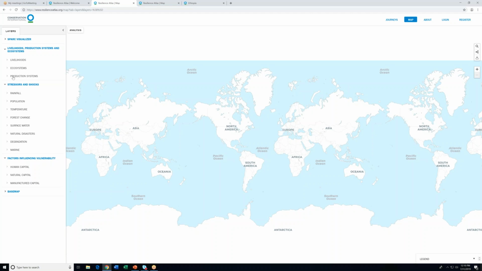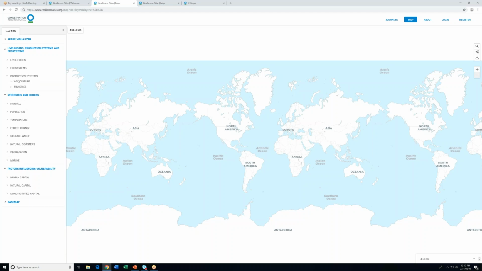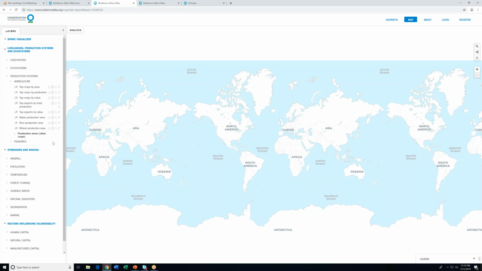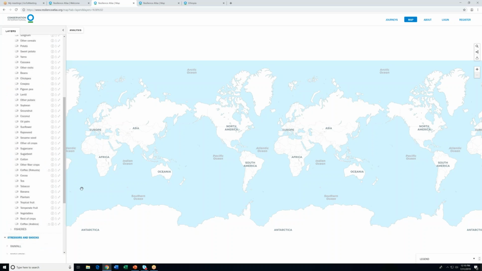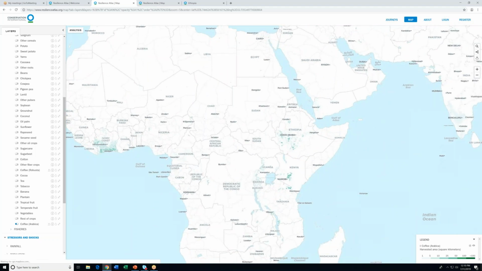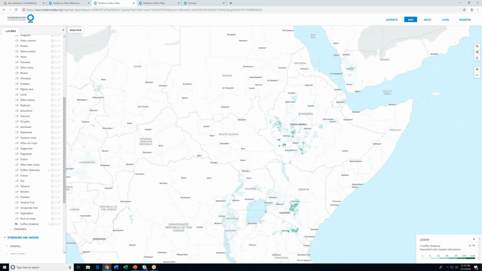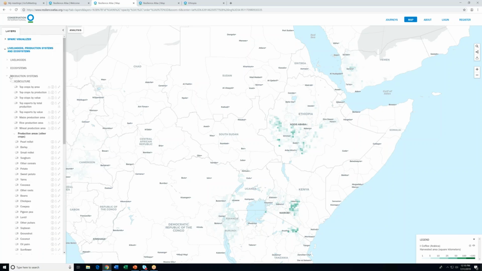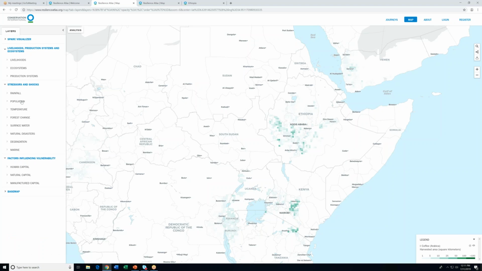So if I can drive this with this little pad, an example that I like to show is coffee. Way down at the bottom of this list, we have where coffee is grown. So if we look at Africa, we can see areas where Arabica coffee is grown. And we can look at something like temperature.